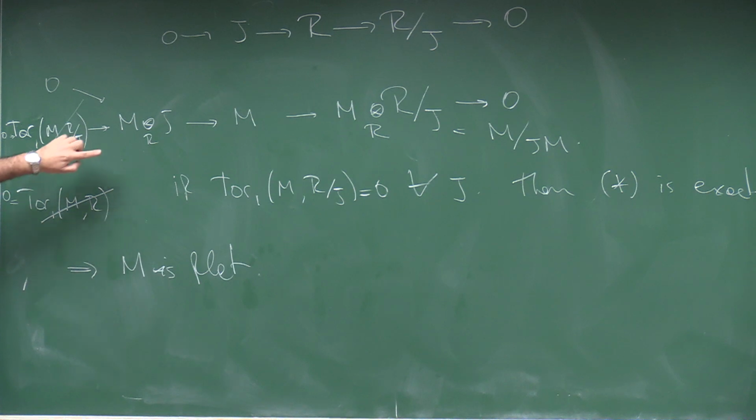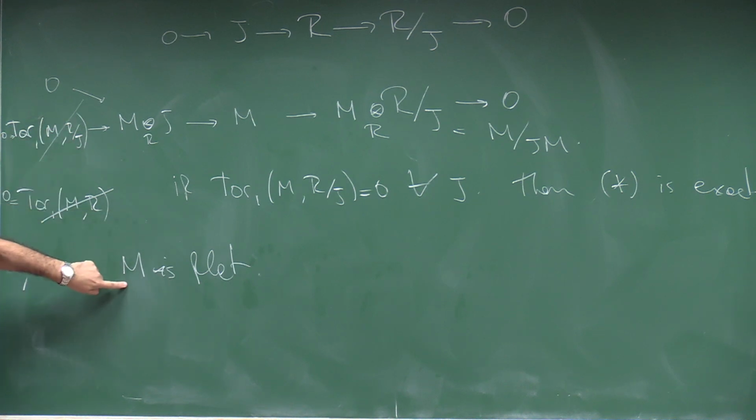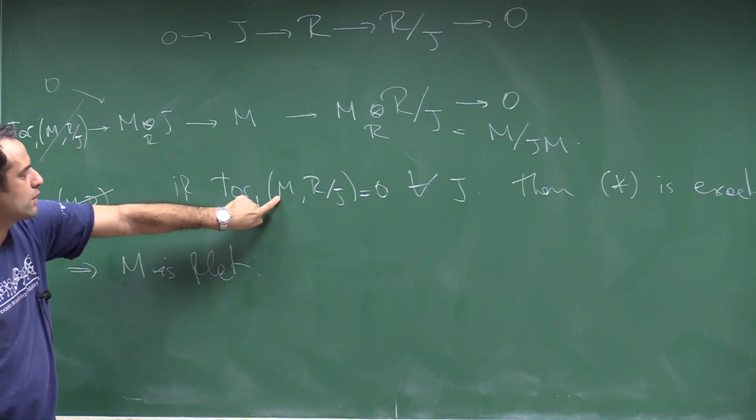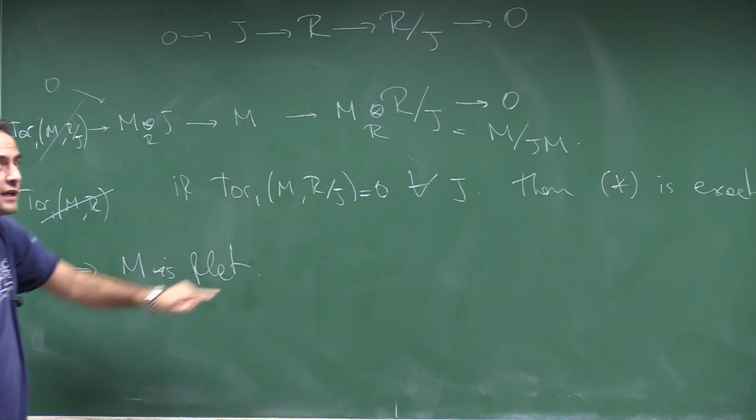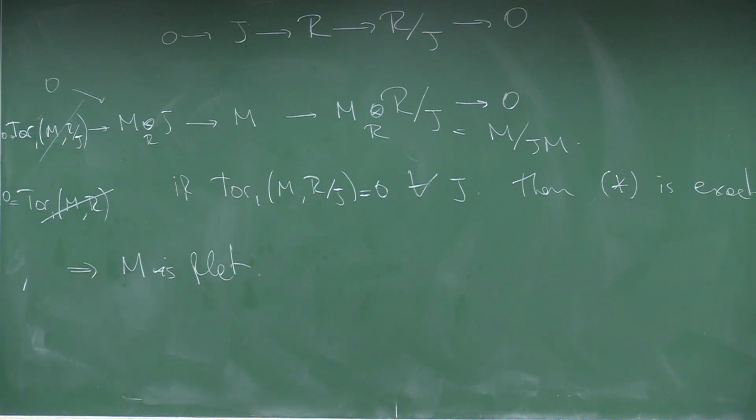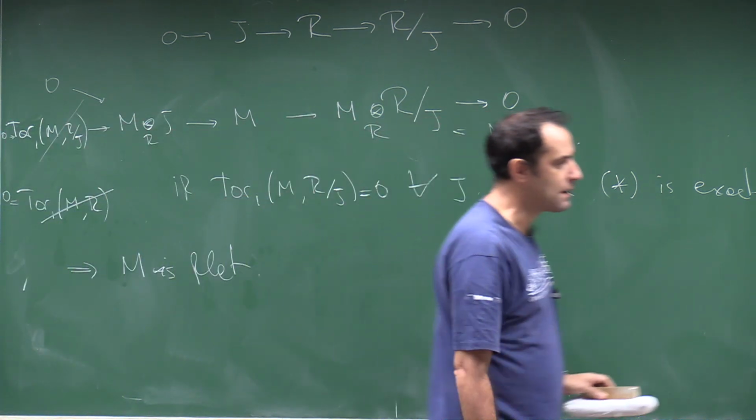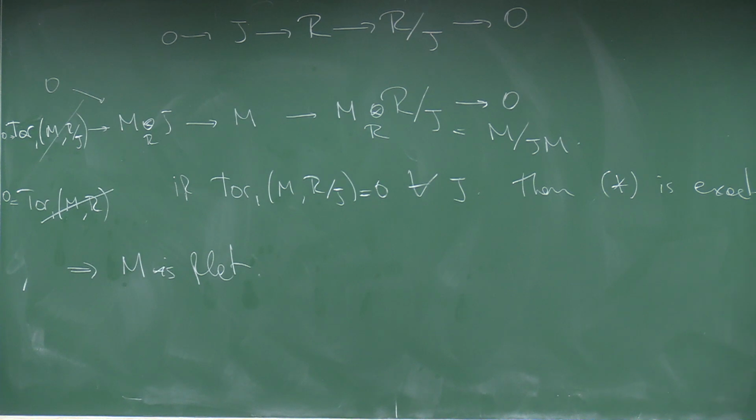So what you see is that whether M is flat can be checked by only looking at Tor, not with an arbitrary module, but just with modules that are of this form, the ring modulo an ideal. Okay, so that was this statement.